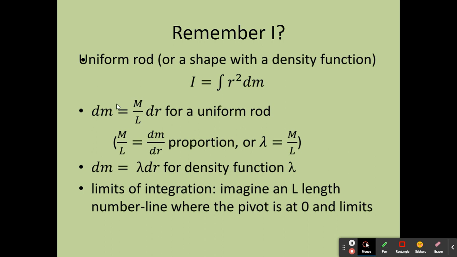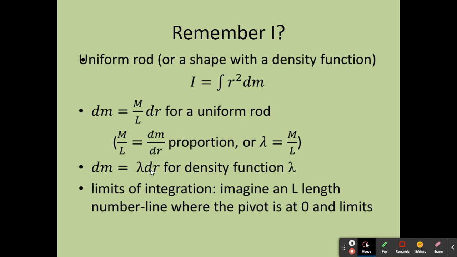So we write dm is equal to m over L dr for a uniform rod. If you remember, we set that up as a proportion, m over L is equal to dm over dr, and that gets us here. Or you could have a density function, so dm is equal to the density function times dr. If it's not a uniform thing, then you could have an equation here.